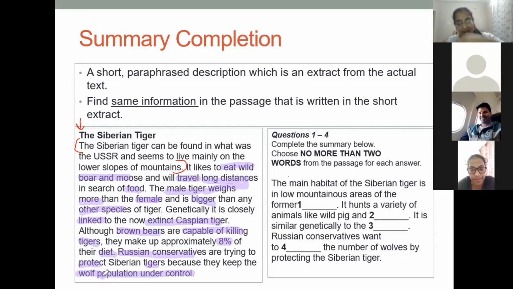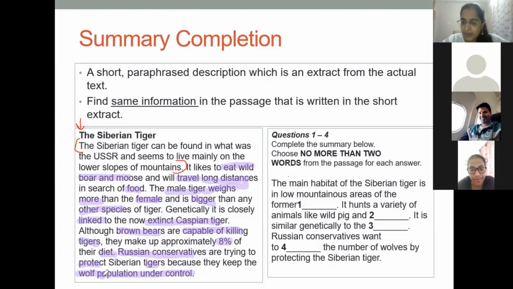So that when I read the questions and pick up the keywords from the questions, I will be able to figure out exactly where the summary question has been picked up from, and what answer I need to select from the actual passage.